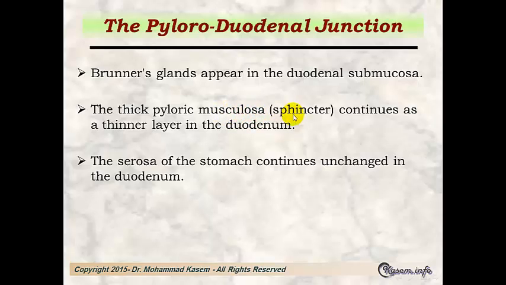The thick pyloric musculosa, the sphincter of the stomach, continues as a thinner layer in the duodenum. The serosa of the stomach continues unchanged in the duodenum.